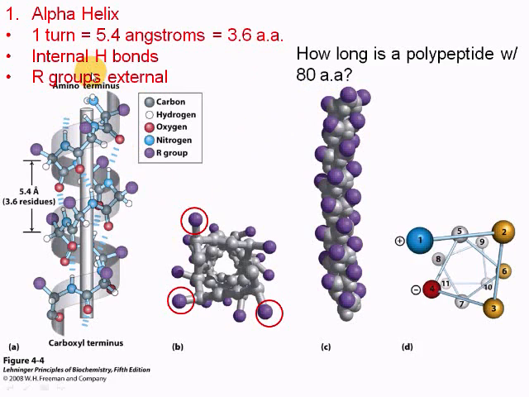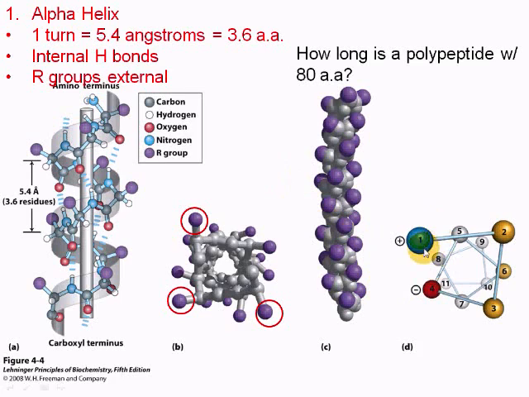And then in alpha helices, the hydrogen bonds are going to be internal, so the hydrogen bonds are occurring inside the structure, but the R groups are external, and so these purple balls represent the R groups, and you can see that they're all sticking out externally.